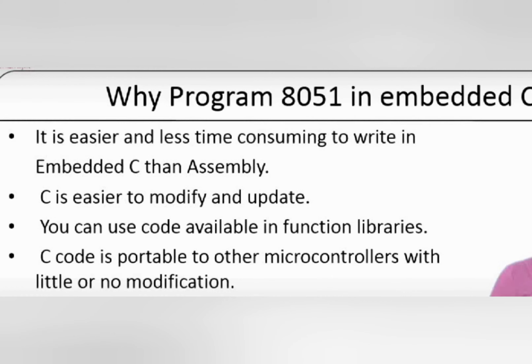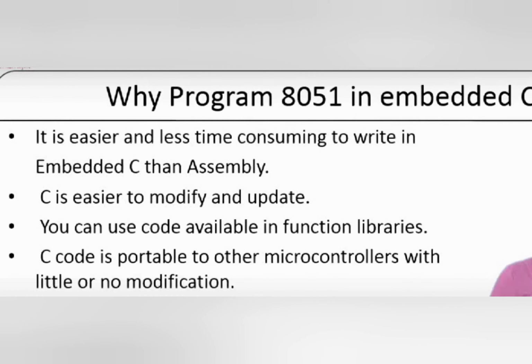You can use the code available in the function libraries as per the requirements of the user. C code is portable to other microcontrollers with little or no modification. The code is very compatible across different microcontrollers, especially the 8051 family.